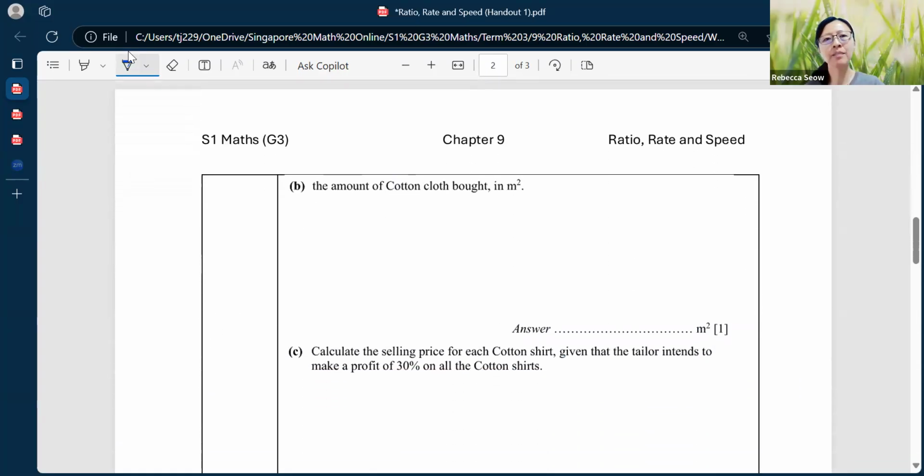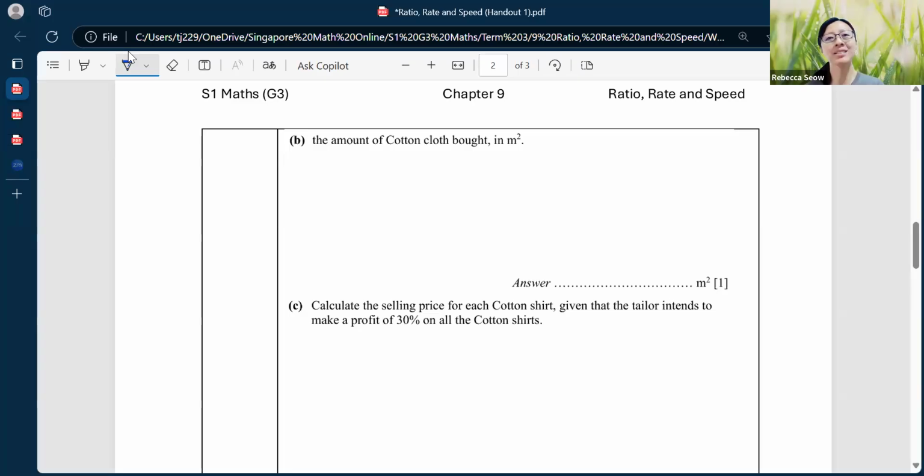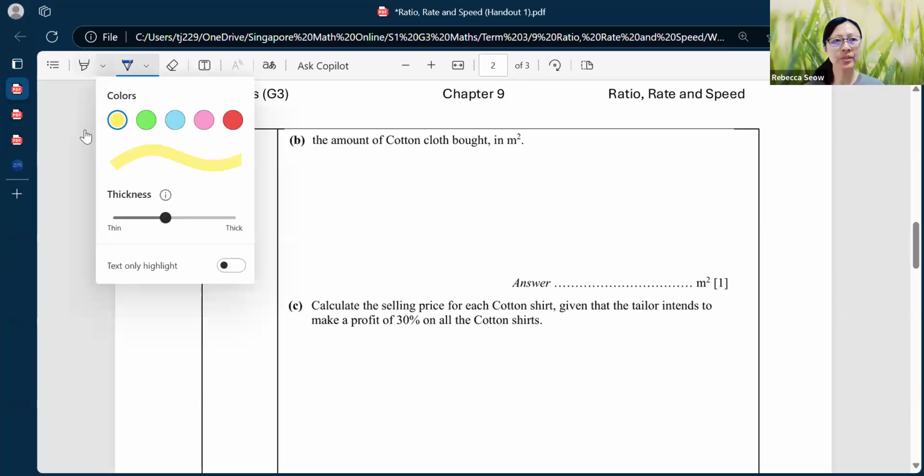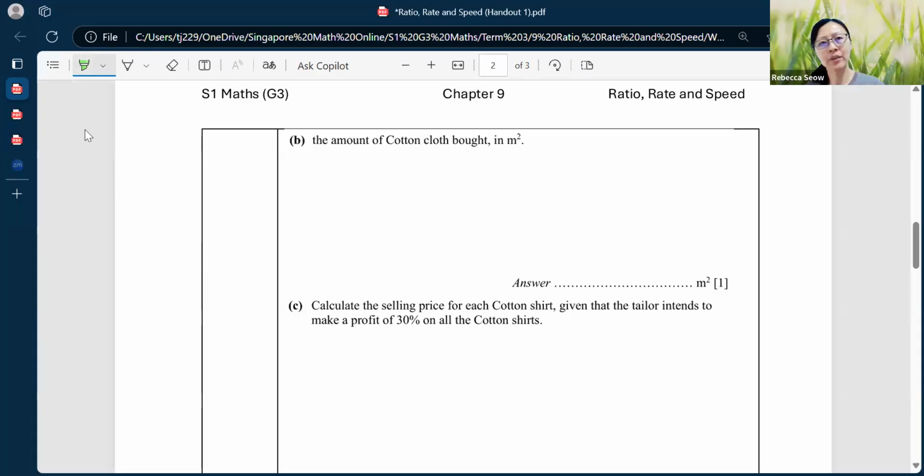we are asked to find the amount of cotton cloth bought in meter square. I'm going to use a green highlighter. We're looking at amount of cotton cloth bought, meters square. So this is no longer about looking into the cost. It is about looking at the length, the area that is being bought, and which cloth, cotton.